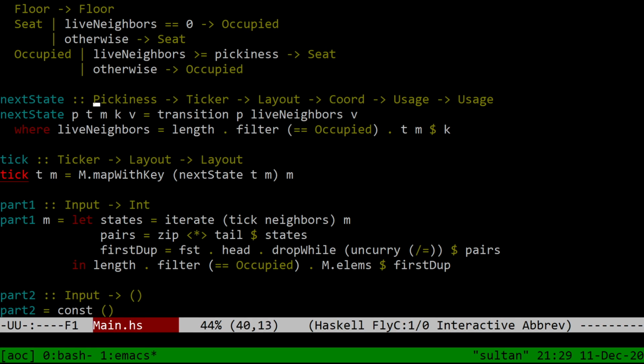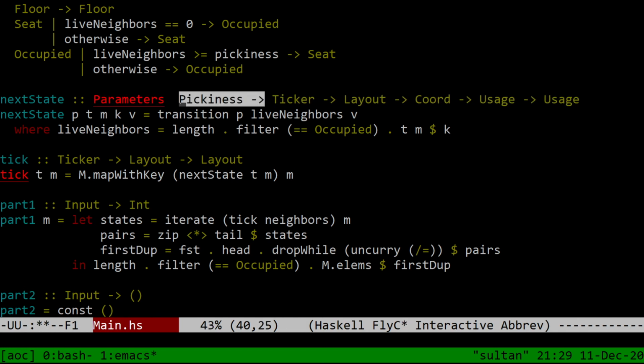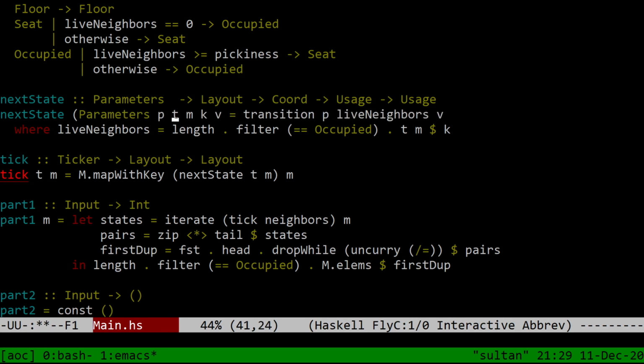But next state needs parameters, not just a pickiness and a ticker. And tick also needs parameters.